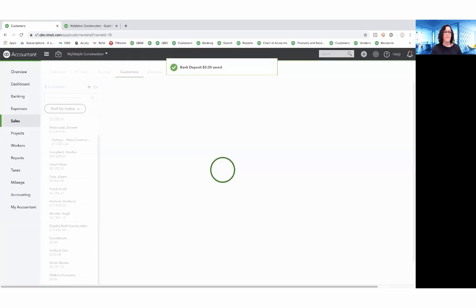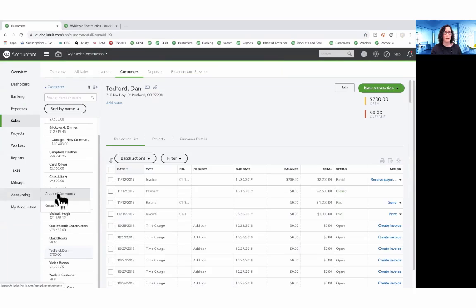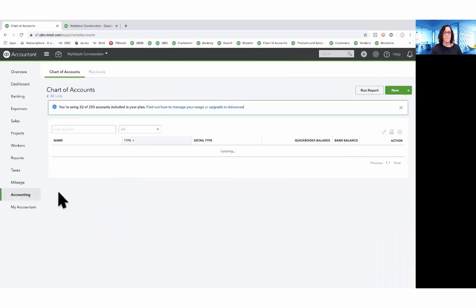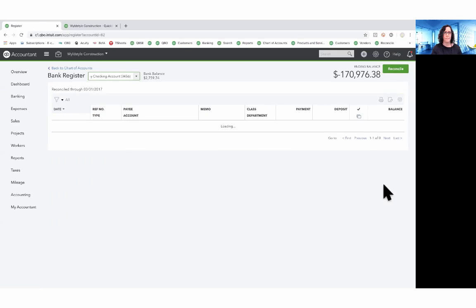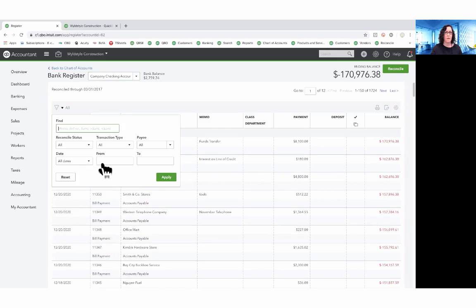And now if I went and looked at the register, go to accounting and chart of accounts, and we'll look at the checking account. And we will go to today. So I'm going to put a filter on this, and I'm going to filter for this month.